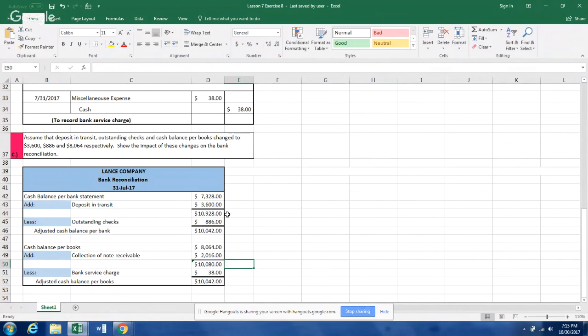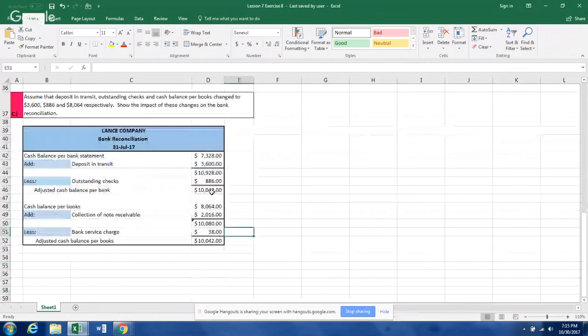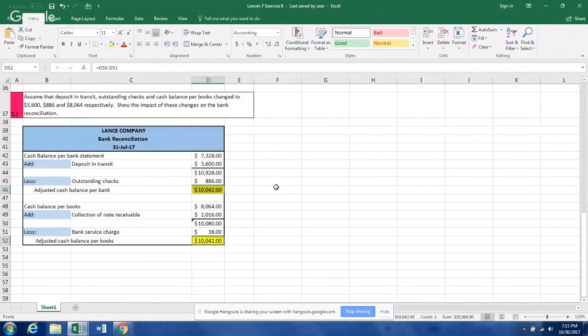Again, even though we're only changing those few items, if you look at the balance from the bank and your balance per books, they still equal the same and should equal the same all the time. Again, if they don't equal, then there's possibly an error. Thank you, and if you have any questions, let me know.